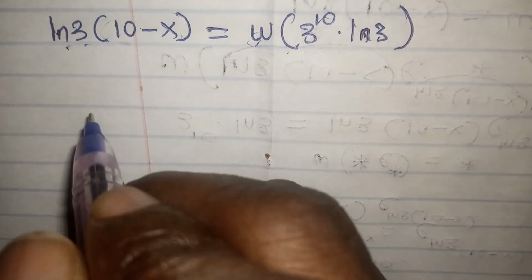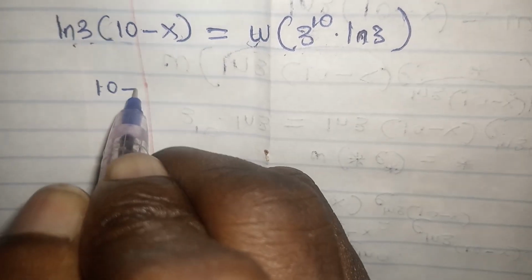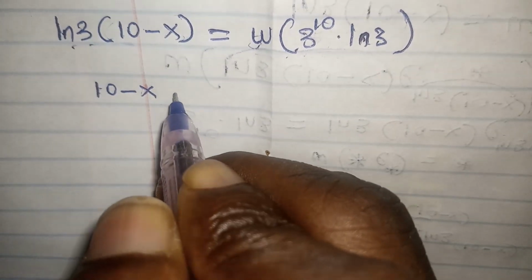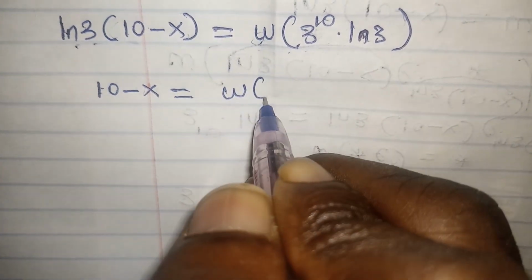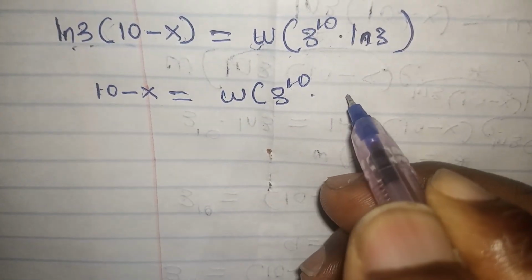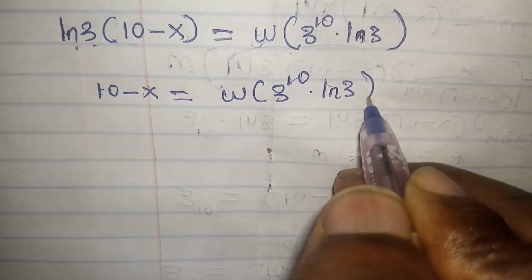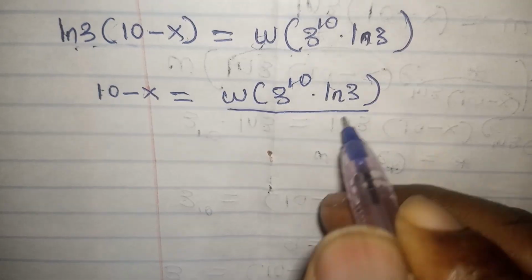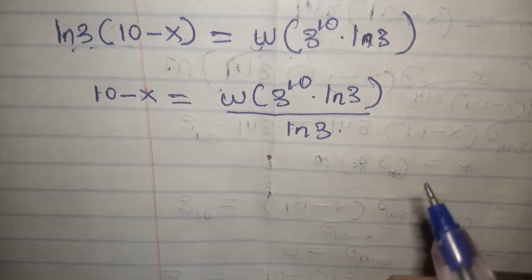So if we do that, we arrive at 10 minus x equals the Lambert W function of 3 to the power of 10 times ln 3, divided by ln 3.